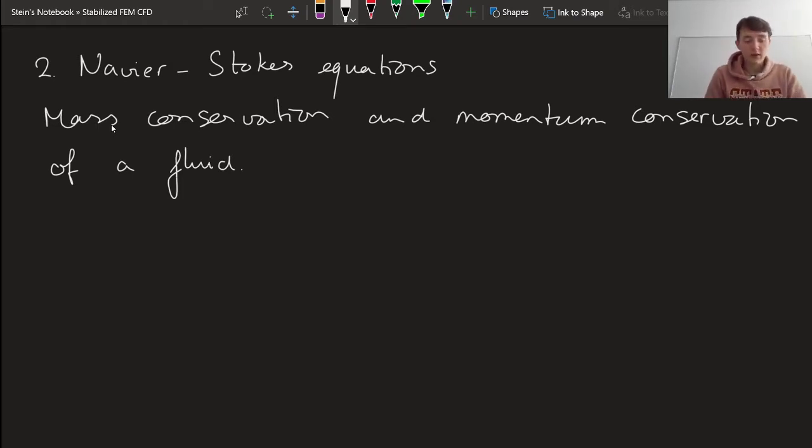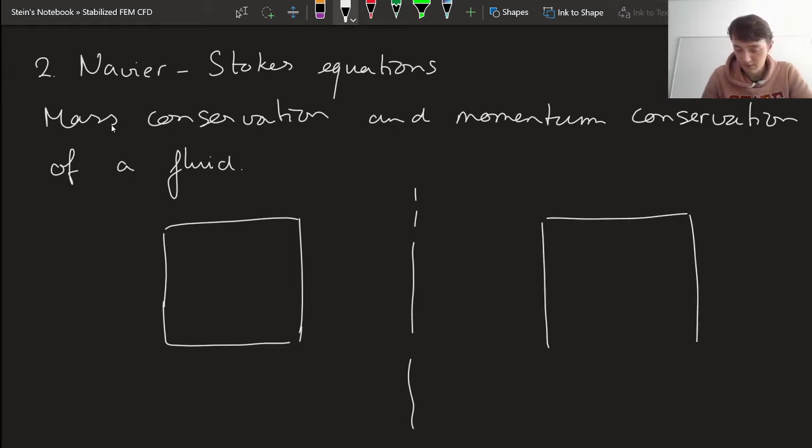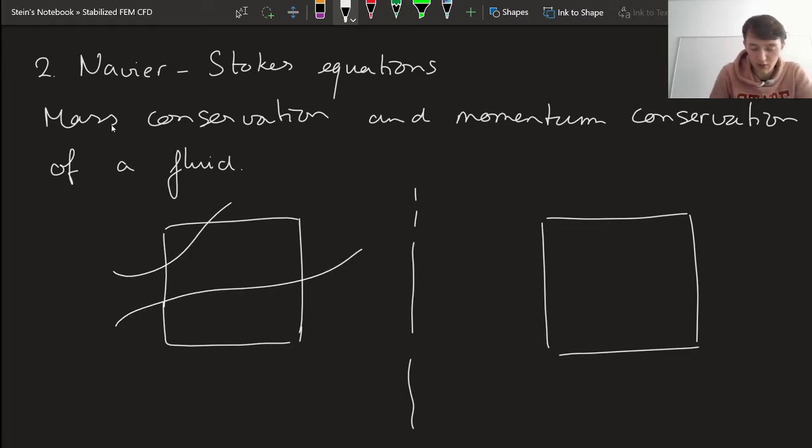We can draw our control volume, and I'll do one for the mass and one for the momentum. Then we have a certain flow running through this control volume.